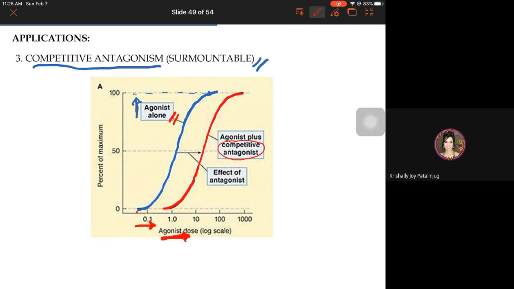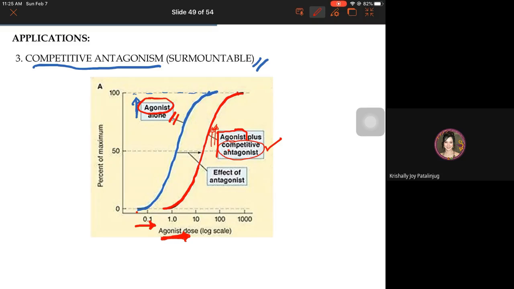That is why what is shown in the graph is the same agonist from the first curve, plus a competitive antagonist. You have an agonist in higher concentration, surmounting the effect of the competitive antagonist.